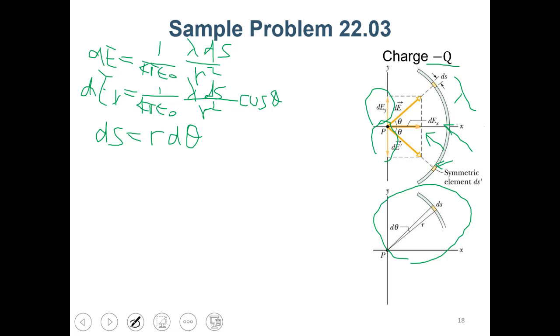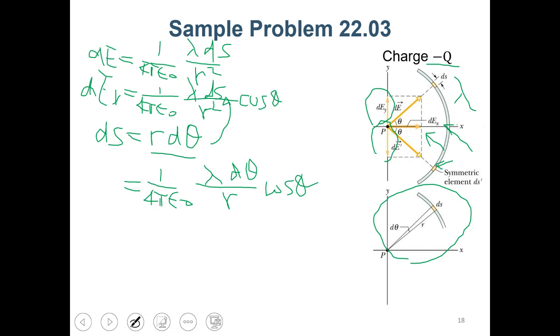So we substitute this term here, which becomes 4 pi epsilon 0, lambda d theta cosine theta, which means one of the r is cancelled.